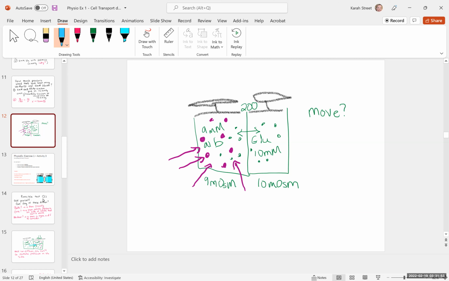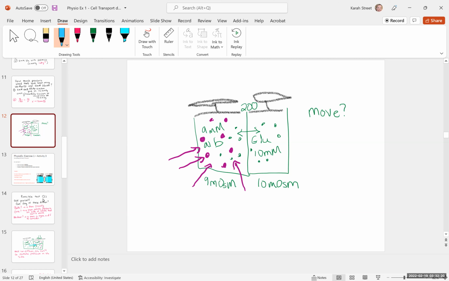So now the left side chamber has not only the 9 millimolar albumin, but also about 5 millimolar glucose added to it once the glucose diffused. So which side would have the highest osmotic pressure? The side with the albumin, and also now including the glucose because the glucose diffused.